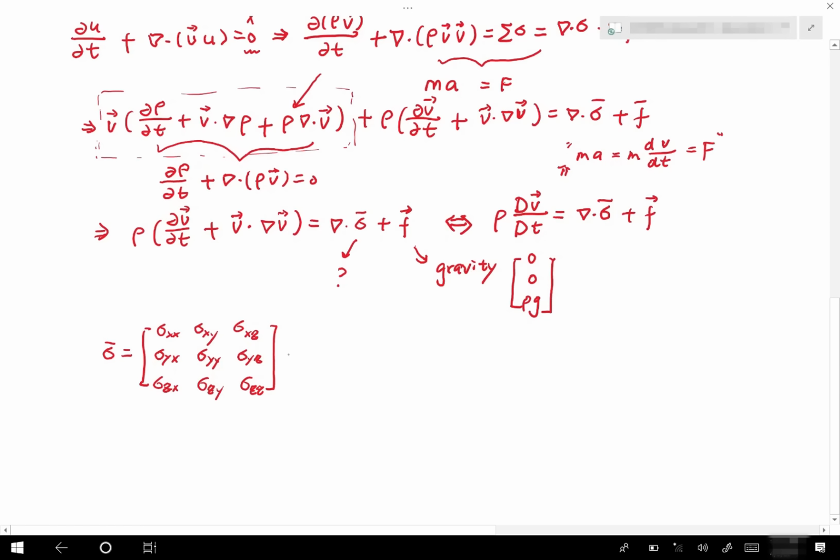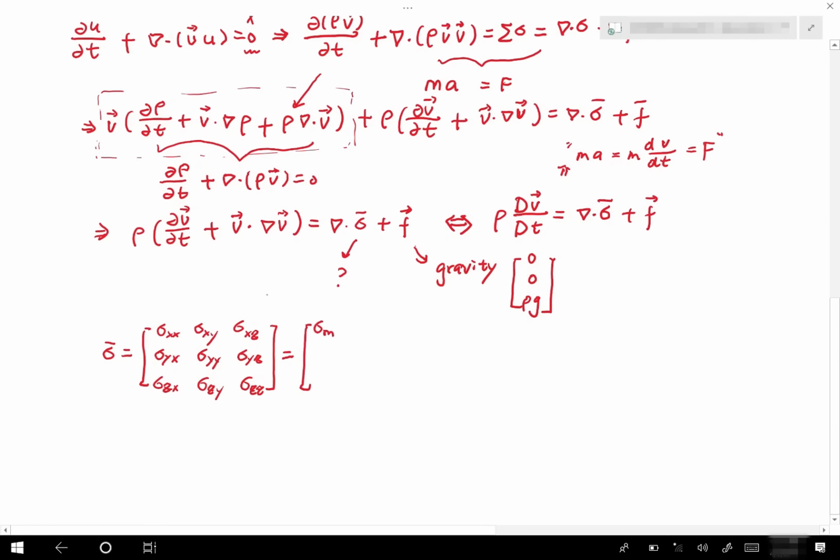Then what we're going to do is usually split this term into 2. One is the mean part, or hydrostatic part. The other one is the deviatoric part. For the mean part, we use sigma m.